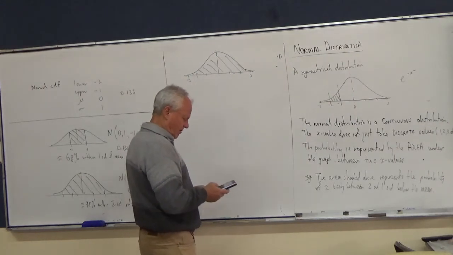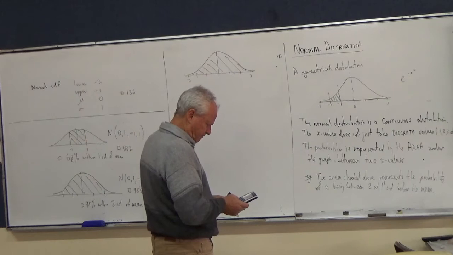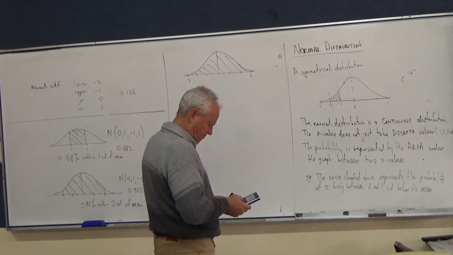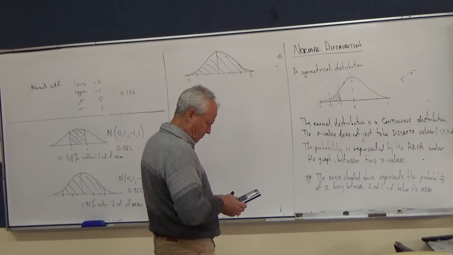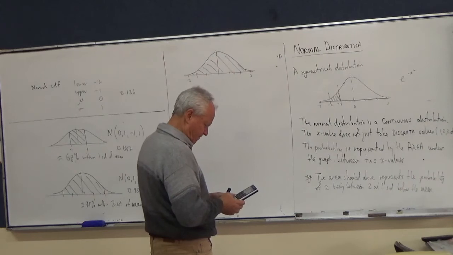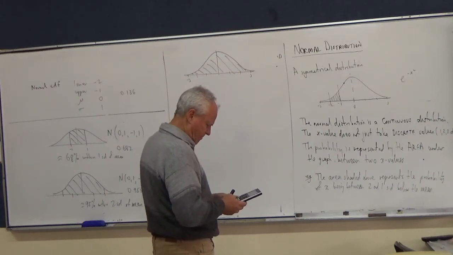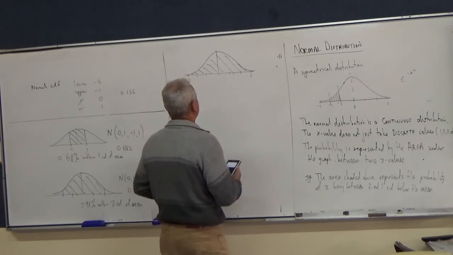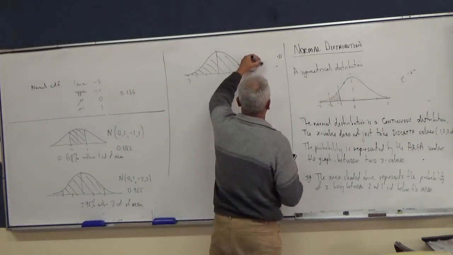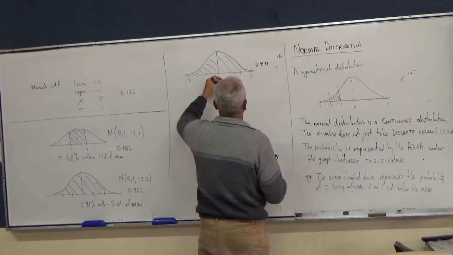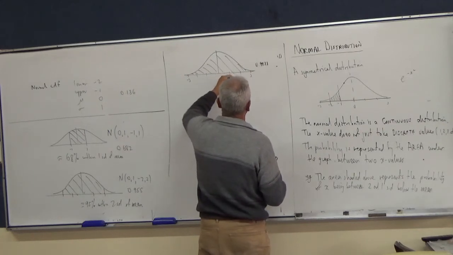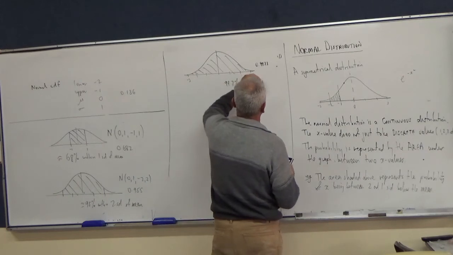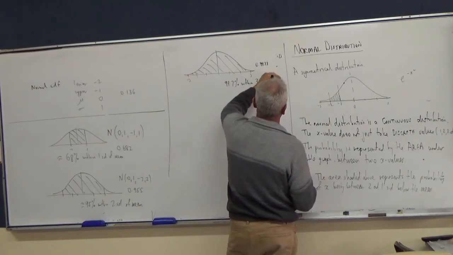Alright, let's work it out. So that's from -3 to 3, and we've got 0.9973. So 99.7% within 3 standard deviations of the mean.